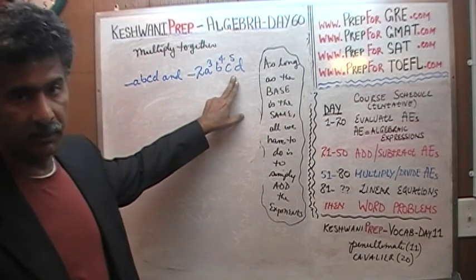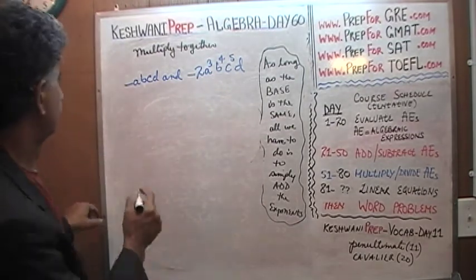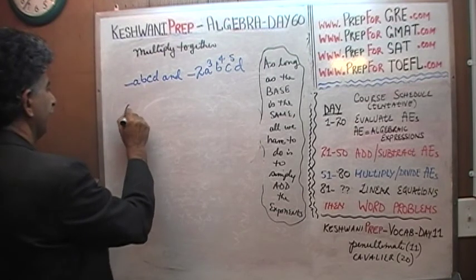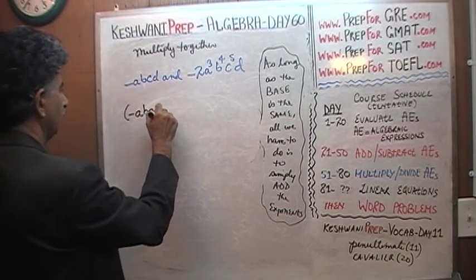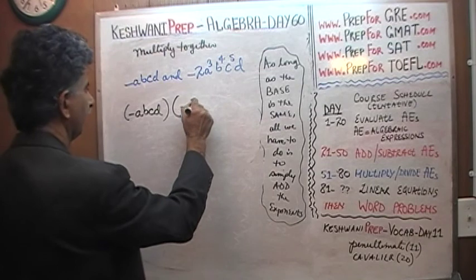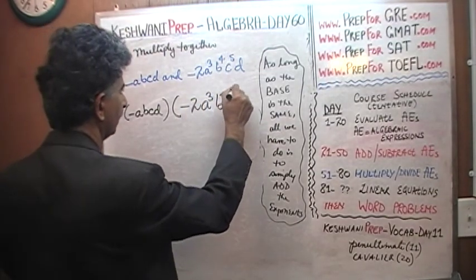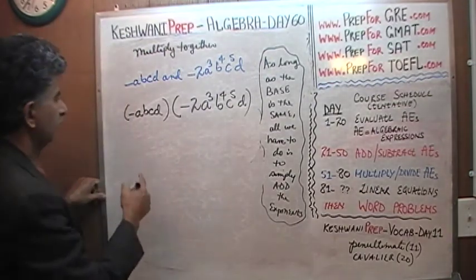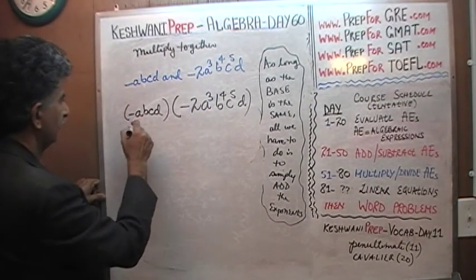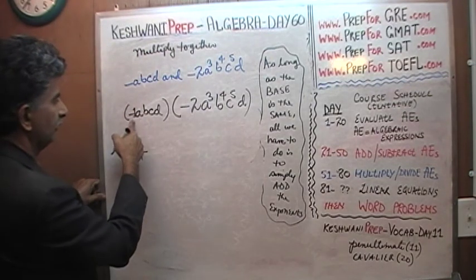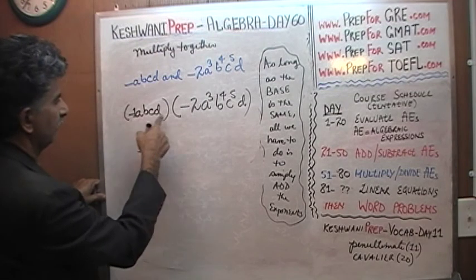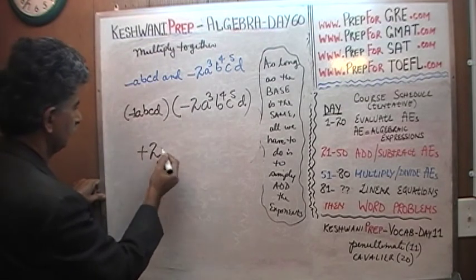The terms are fairly complicated, but it's only one term. So negative a times b times c times d times negative 2 times a cubed times b to the 4th times c to the 5th times d. Negative times negative is positive, and this guy has a 1 in front of it, even though we do not see it. Negative 1 times negative 2 is positive 2.